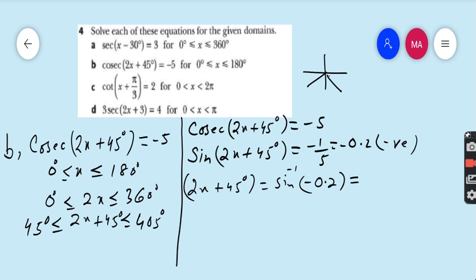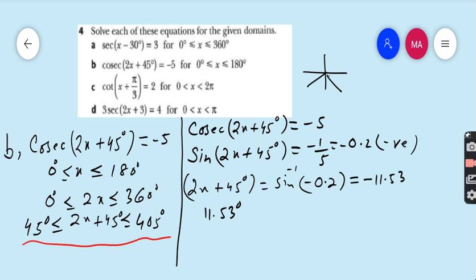Now 2x plus 45 degrees is equal to sine inverse of minus 0.2, and the value is minus 11.53. Because we need to find the positive angles, since our domain is only positive angles, we take this angle as the basic angle, that is 11.53 degrees.